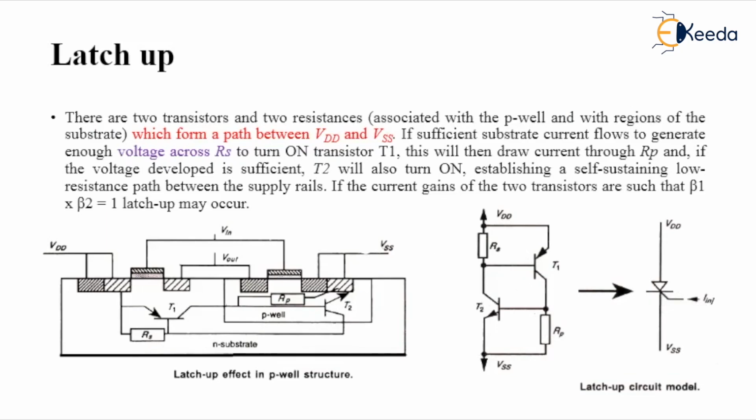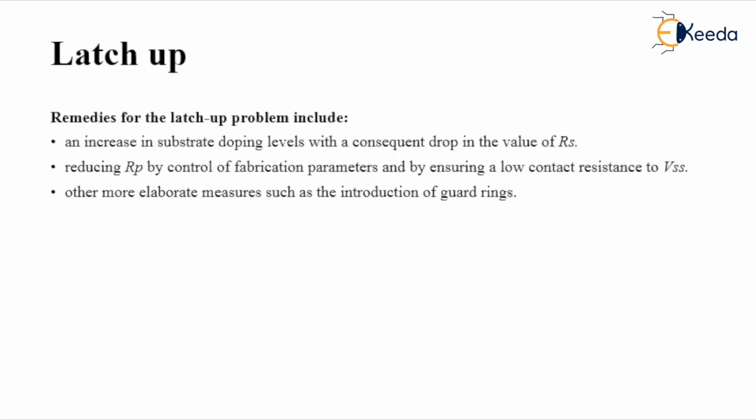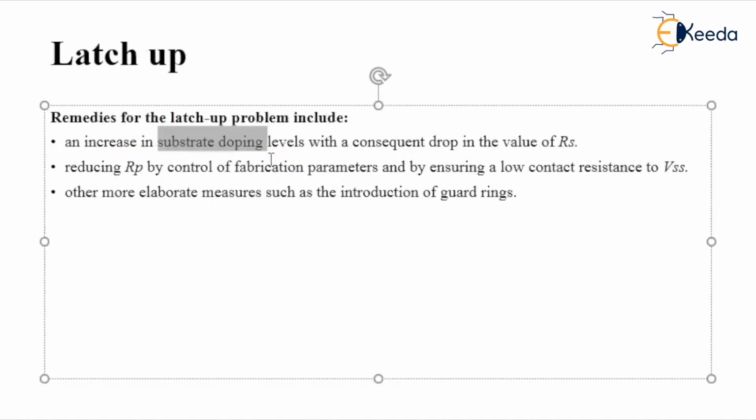Right. Now what should I do when there is a latch up problem in CMOS? Simply follow these remedies for the latch up problem. Increase the substrate doping level with a consequent drop in the value of RS.